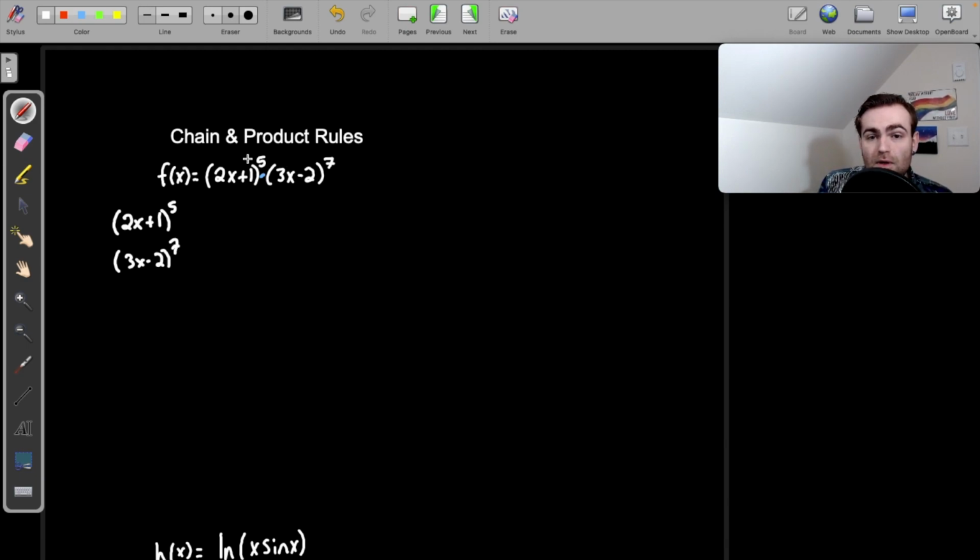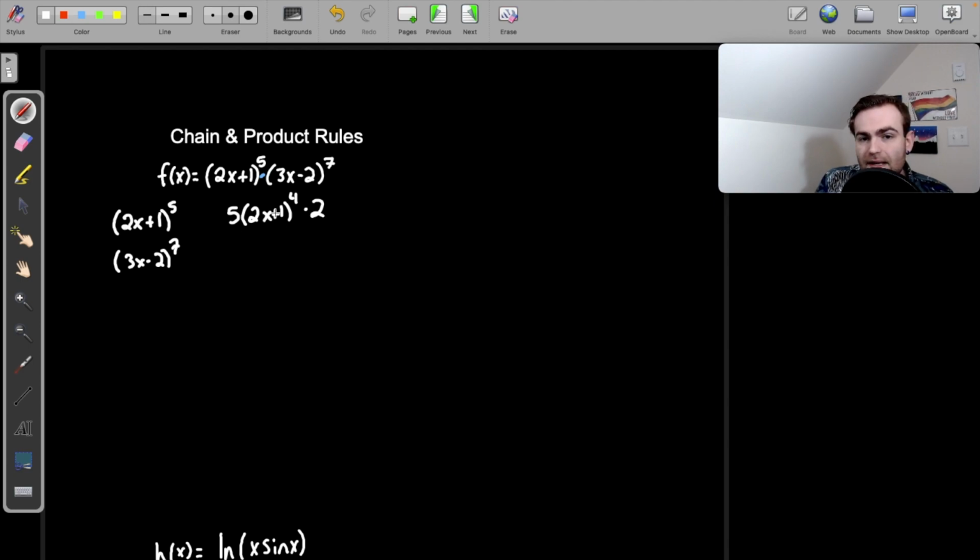So again, multiplication is the big structure taking place, so the product rule is the first rule we're going to use. Now the derivative of this, I'm going to need the chain rule for. And I'm not going to make the list for these because these are relatively simple. But when you see ones that are more complex, or if you're struggling, again, make the list. It's all about what works for you. So the derivative of this would be 5, keeping the inside the same, to the 4th, times the derivative of the inside, which would be 2.